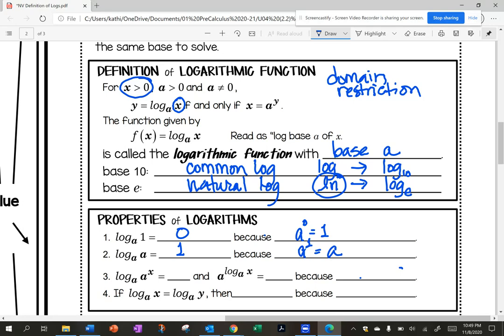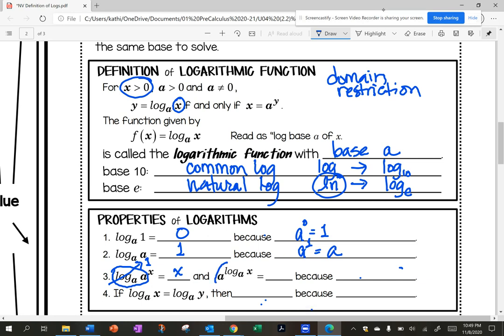Log base a of a to the x equals x because the log and the exponential undo each other. So I'm just left with x.